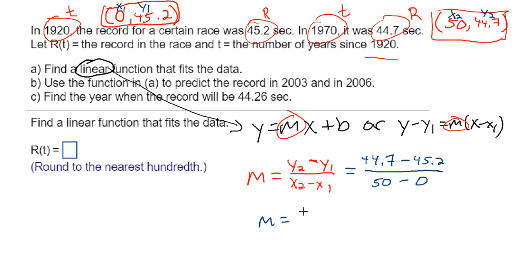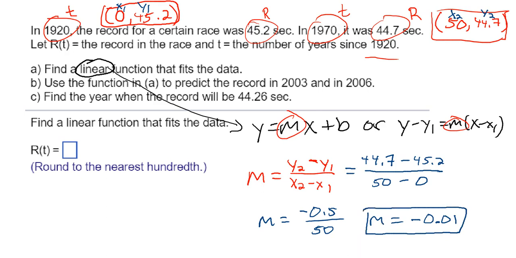That gives me, this works out really nice, negative 0.5 over 50 minus 0, which is 50. And so my slope will be, dividing that by 50, it's a decimal number, but it's not a bad one, negative 0.01. Right, so that's my slope.